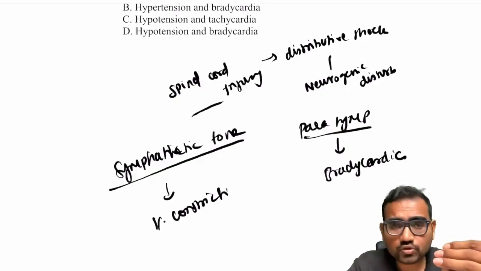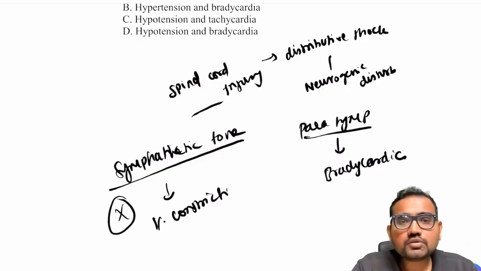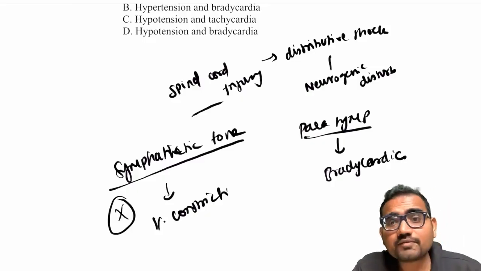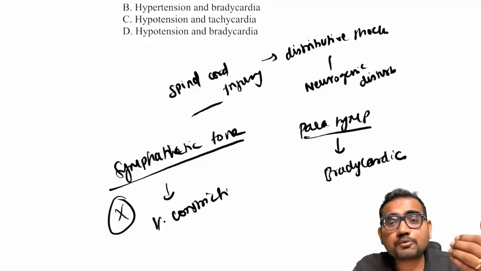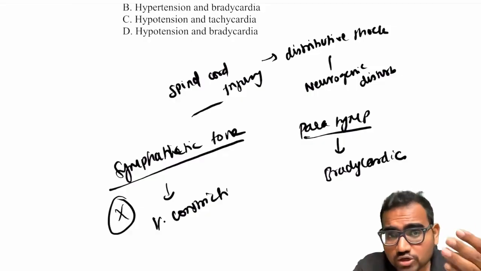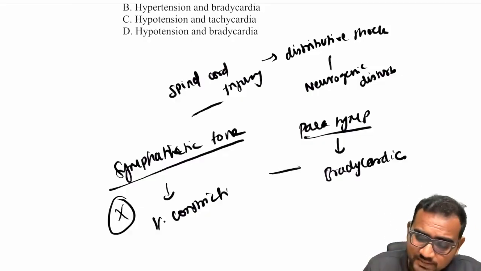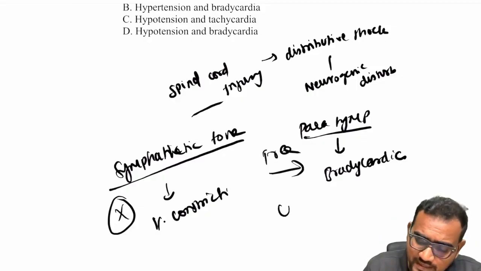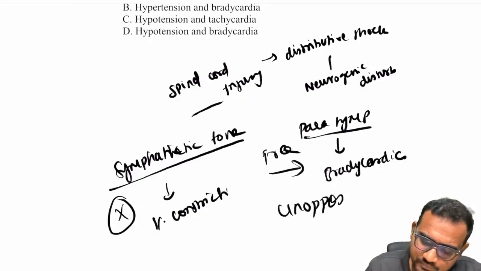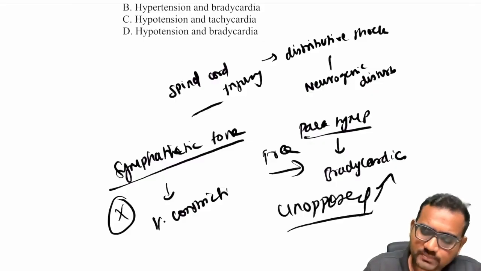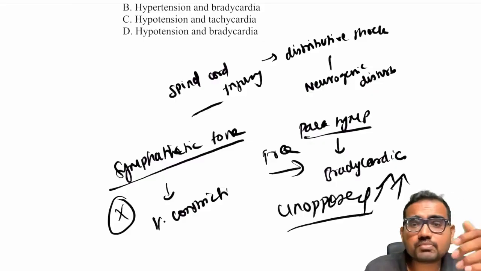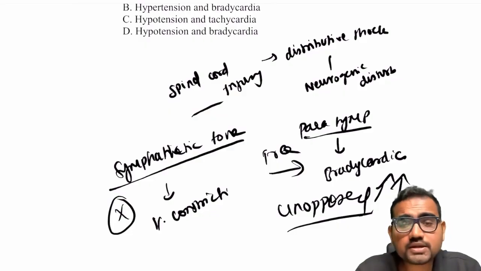The sympathetic tone is going to get affected. So obviously I'm going to get vasodilation and hypotension. And also because the sympathetic tone is affected, the parasympathetic becomes free, which means it is unopposed. So when it is unopposed, my body is going to have more bradycardia. So there's going to be hypotension and bradycardia.